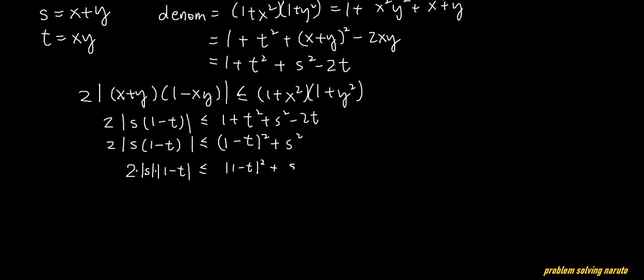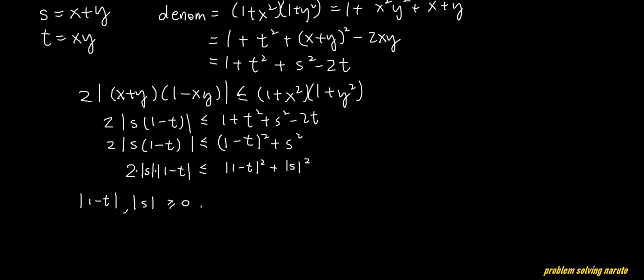They are the same. s squared is the square of the absolute value of s, right? They are the same. Now we just apply AM-GM because the absolute value of 1 minus t and the absolute value of s are non-negative.